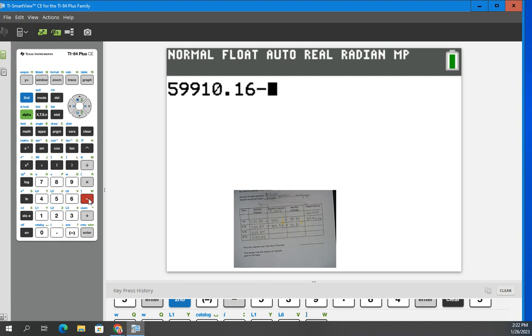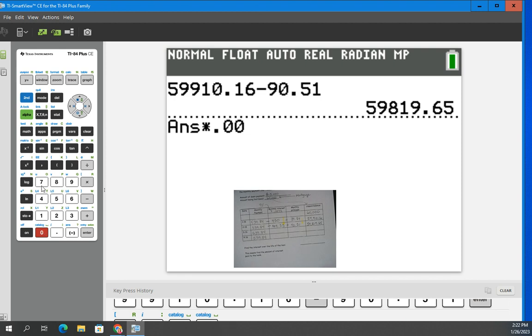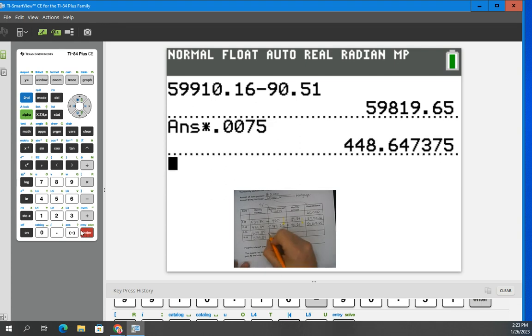We're subtracting the whole $90.51 that we paid in our payment, and our new balance is $59,819.65. We continue this pattern, multiply by 0.005. We get $448.65. We subtract that from our monthly payment.